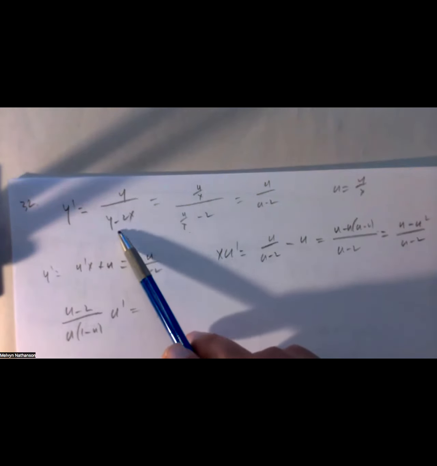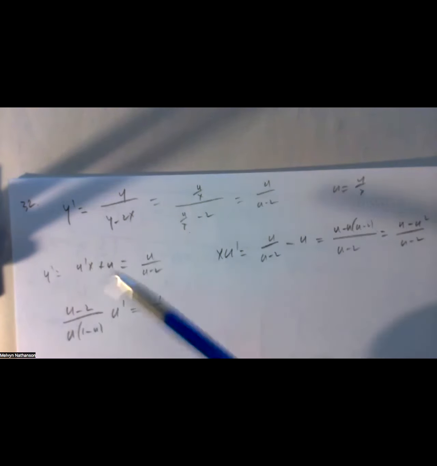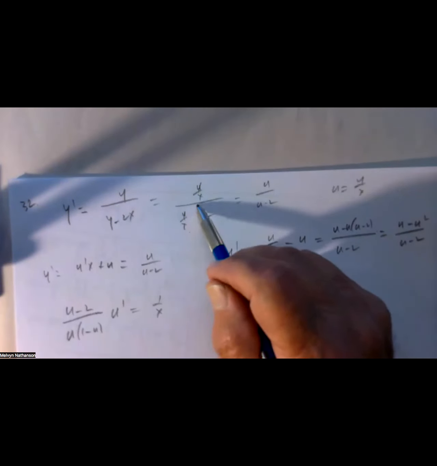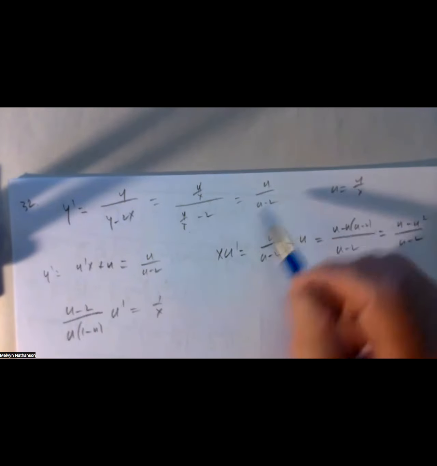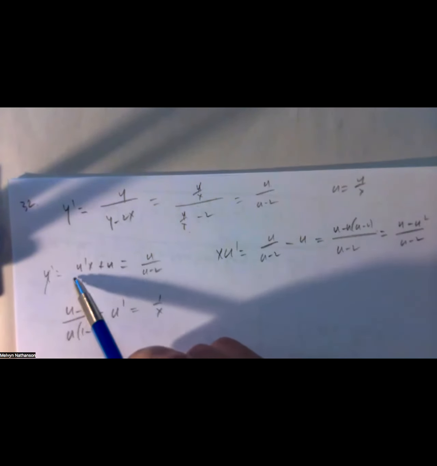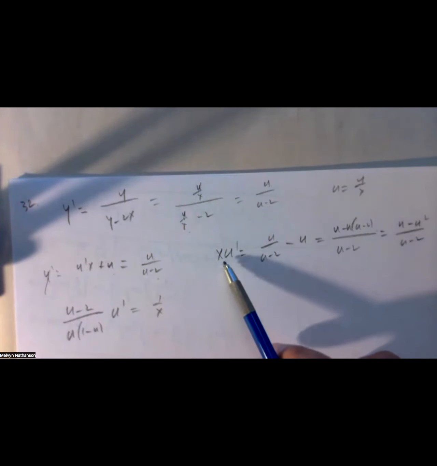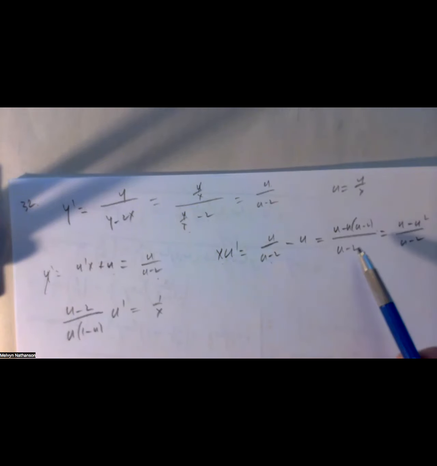Y prime equals y over y minus 2x. So y over x is y over x. So this is y over x minus 2. So that's u over u minus 2. So u prime x plus u is this. So u prime x, or x u prime, is u over u minus 2 minus u.